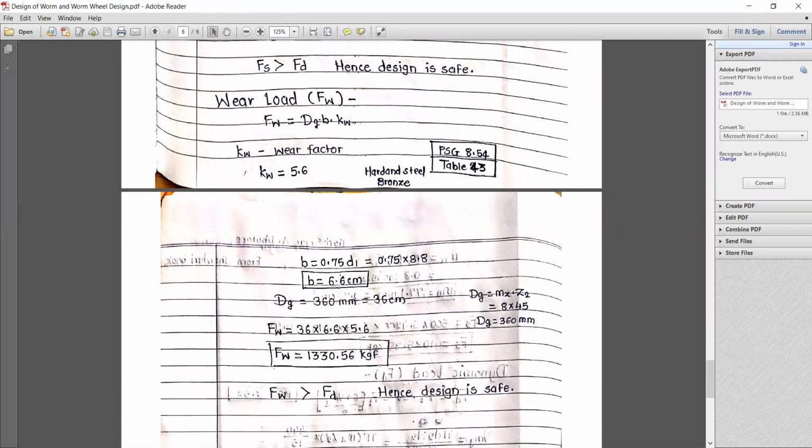For that we need to calculate the wear load. So wear load Fw is equal to dg into b into kw.